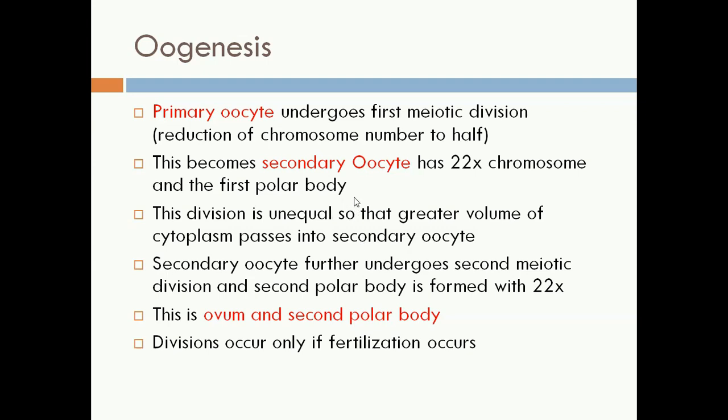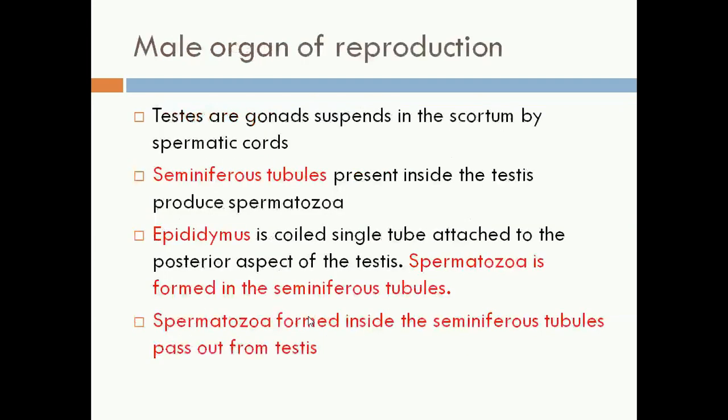In the unequal division of the primary oocyte, a structure is formed with a lesser proportion of cytoplasm, and this polar body is not fertile; it just passes on as one of the cells along with the secondary oocyte, and the development of the secondary oocyte in turn forms the second polar body. So it is not a fertile cell that is going to take part in fertilization.